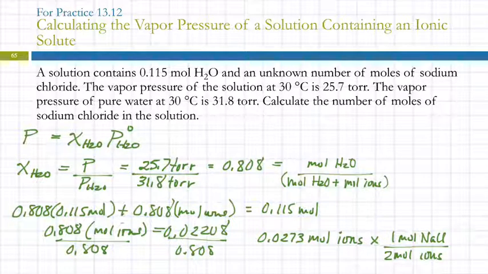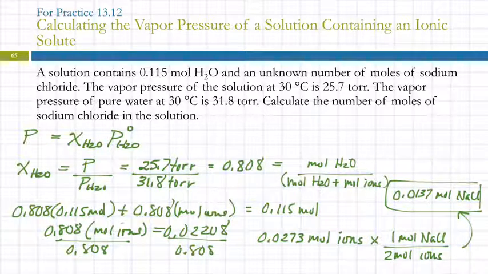So we have to divide by 2. 0.0137 moles of sodium chloride. It's another critical thinking problem.